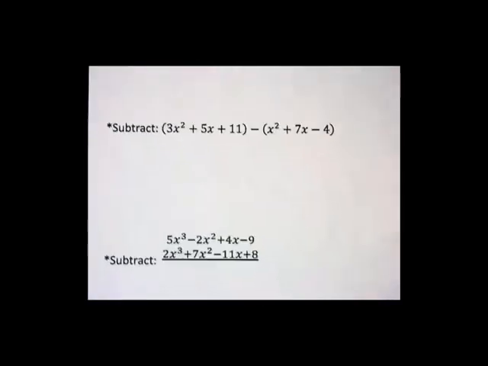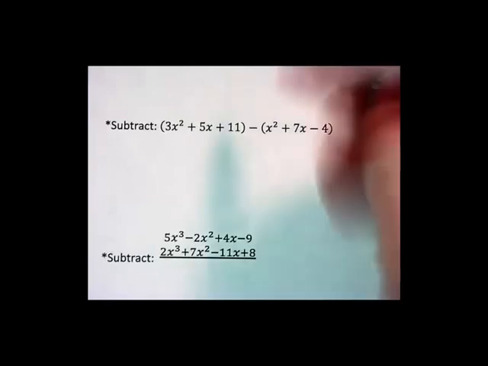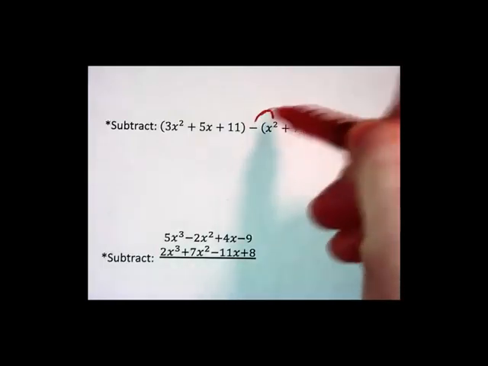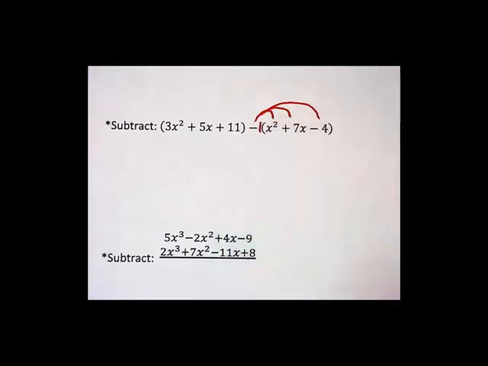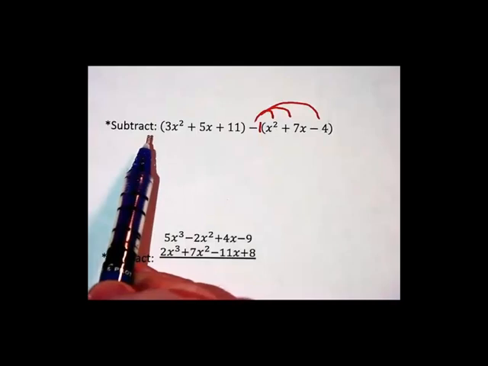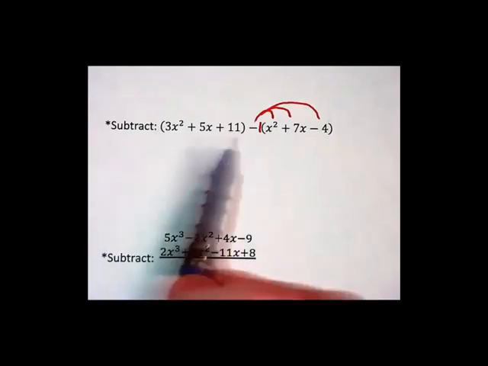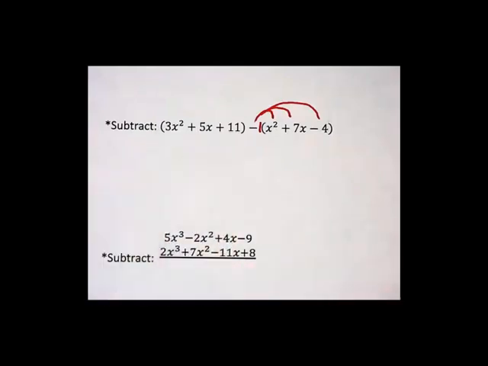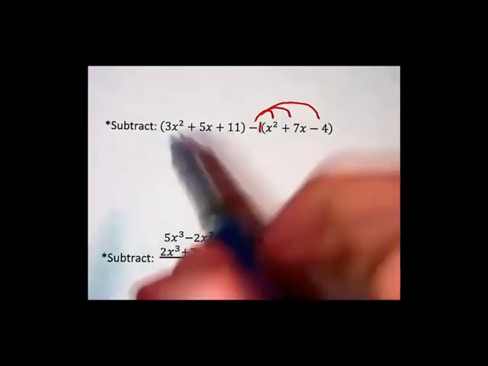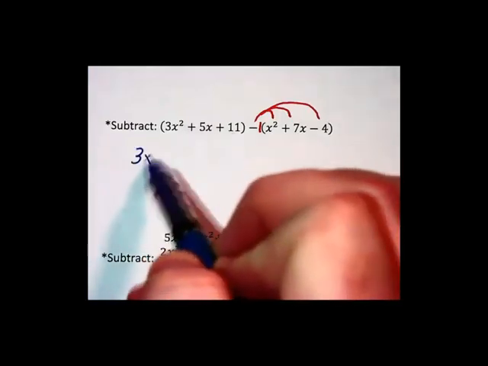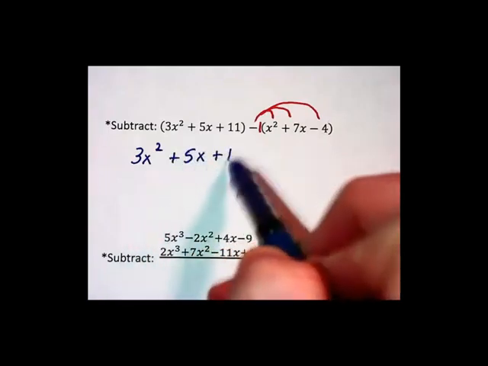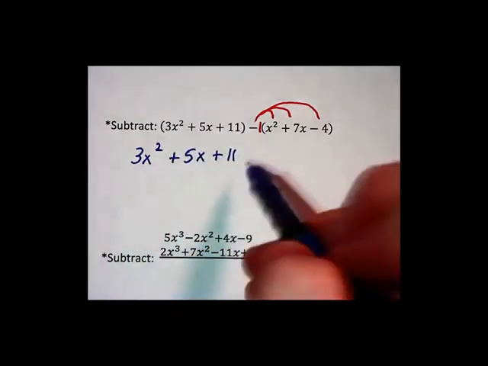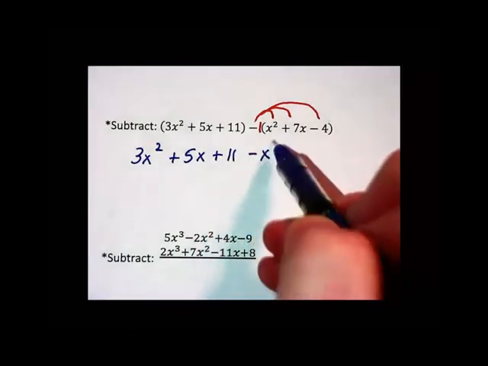When it comes to subtracting polynomials, you've got to be careful that you distribute this negative. There's a negative 1 understood to be in front of that second parentheses. The first parentheses has no number outside it, so there's really no purpose for these parentheses other than separating the first polynomial and saying this is the first. So I'm going to drop off the parentheses and just write the stuff inside down on the next line. And then I'm going to distribute the negative here and have minus x squared.